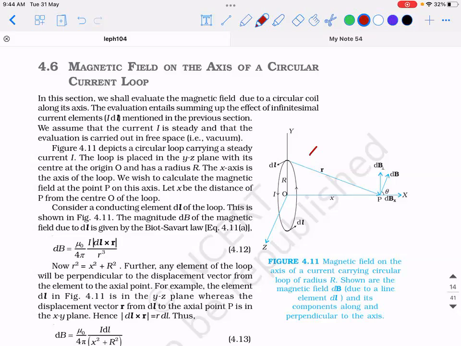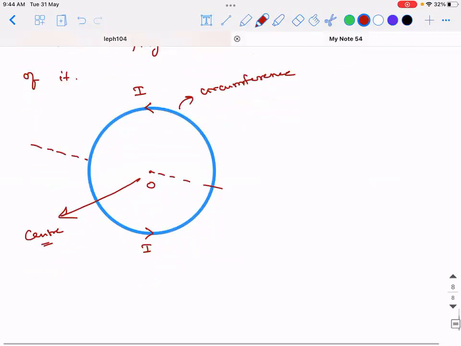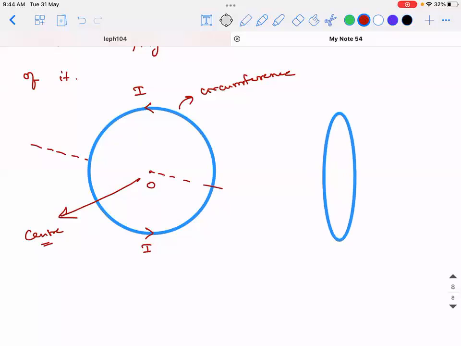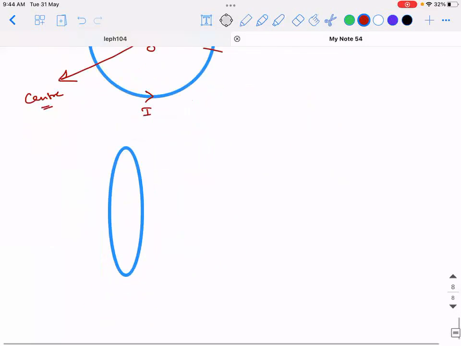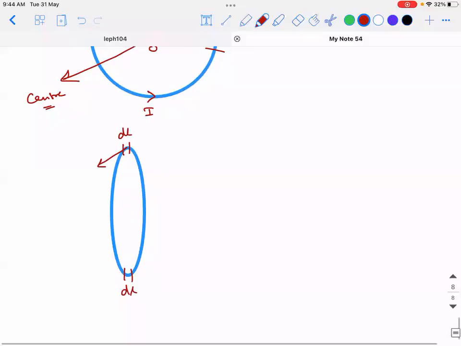Okay. So having this in our mind, I'm taking a shape of this form. At the top, I'm considering a small current carrying element DL, and at the bottom also I'm taking a small current carrying element DL. The direction of current is in this way at the top, and at the bottom, the direction of current is in this way.